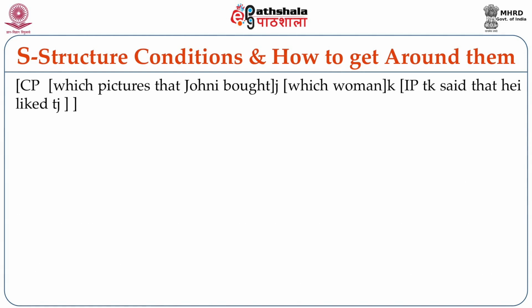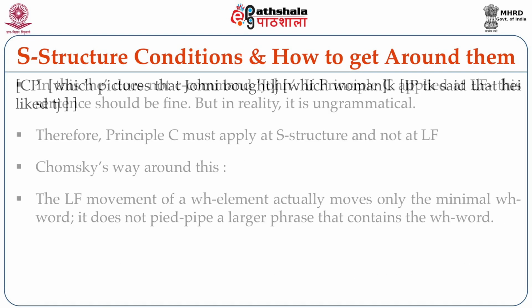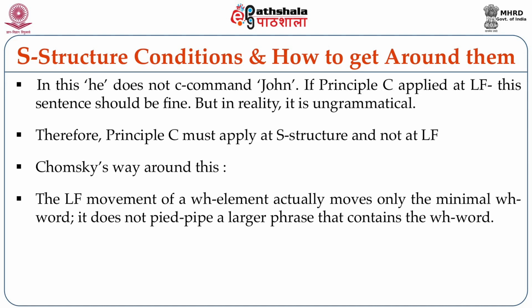Look at the structure on your screen. Which pictures that John bought, which woman said that he liked. When we see the co-indexes and the traces left behind, we see that first of all John is co-indexed with he. John has moved higher up in this sentence and hence is not C-commanded by he.